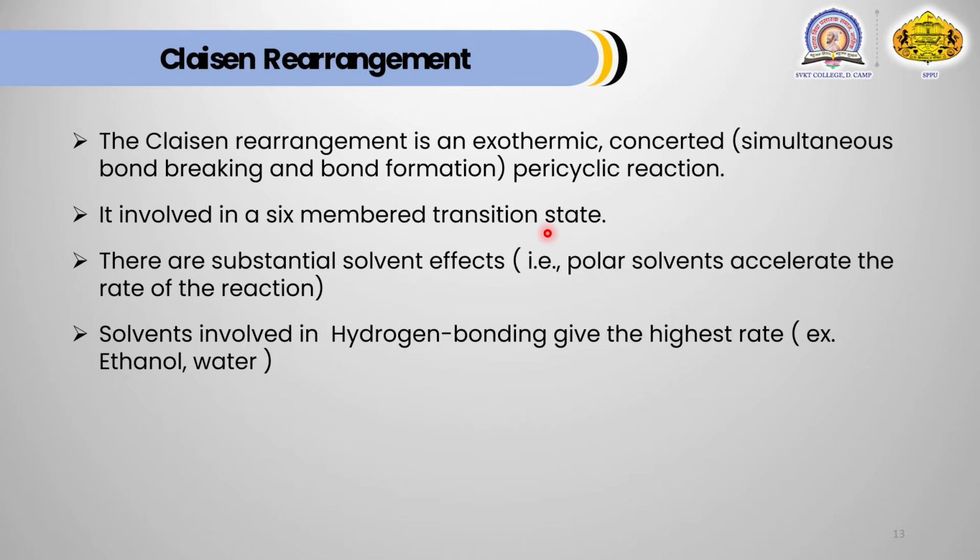We are going to see that transition state in the next slide. There is a substantial solvent effect, meaning polar solvent accelerates the rate of the reaction, and solvents which are able to form hydrogen bonds give a fast rate for this rearrangement reaction.